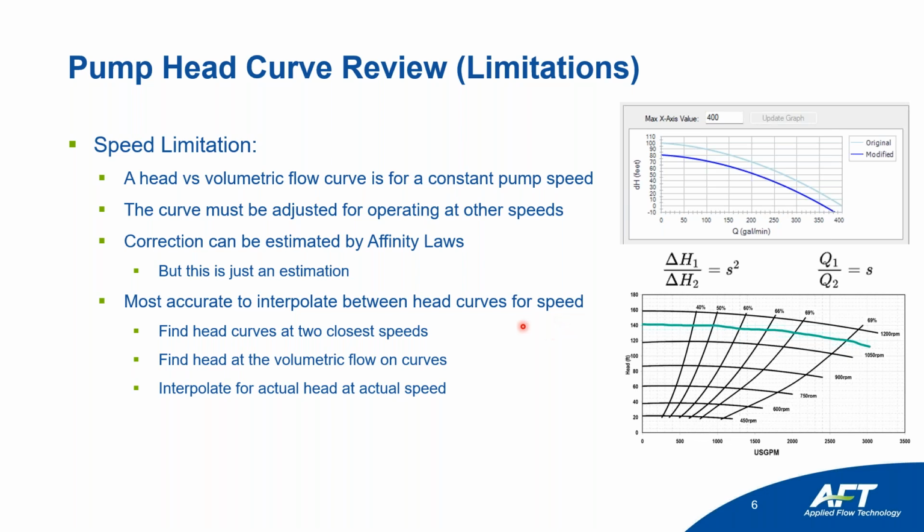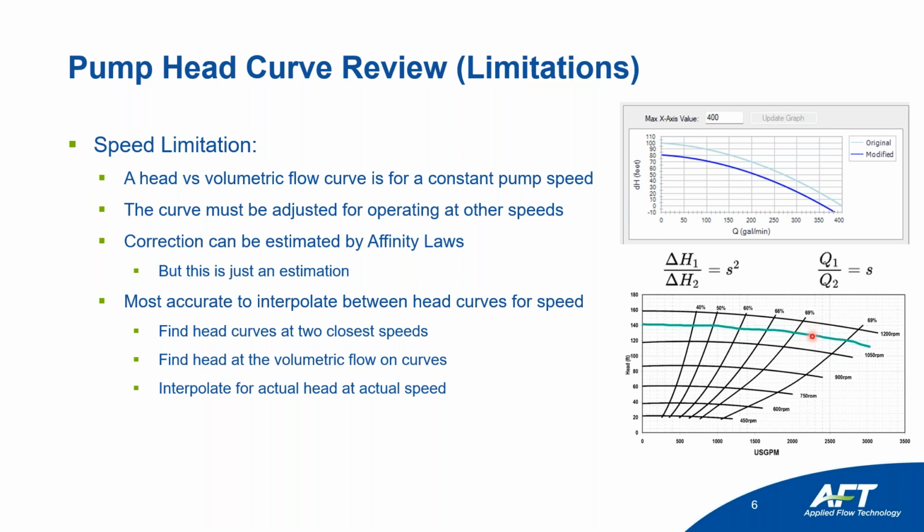Easiest way to do that is to find the head on the two closest speed curves. So say I'm operating at a speed between 1200 RPM and 1050. Then I can find my flow rate on these two curves and find the corresponding head values.